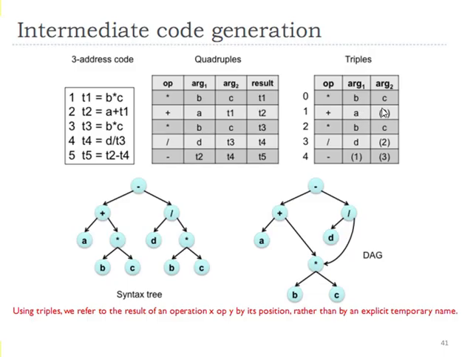So this 0 in brackets indicates that we are referring to the result of the first row, which is the product of B and C. And similarly in the fourth row, indexed by 3, we are referring to the previous result from the row assigned index 2, that is the product of B and C.